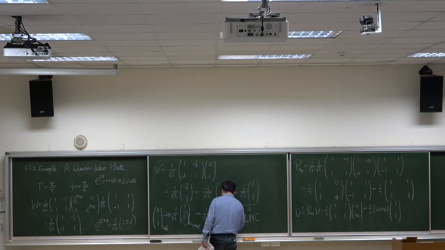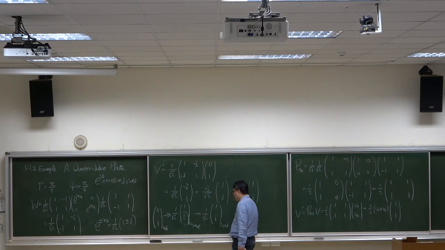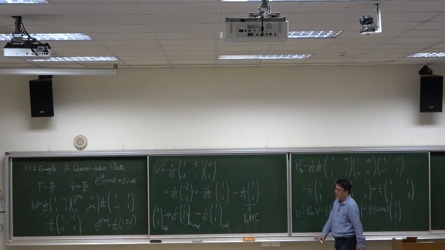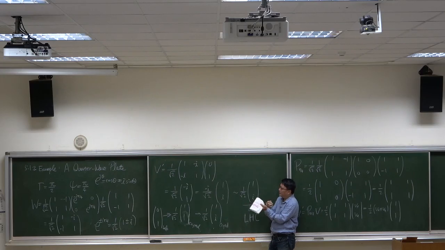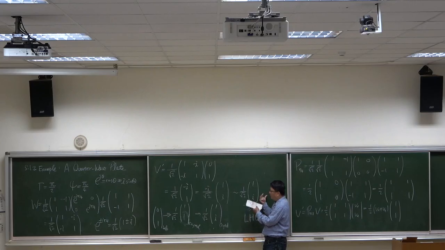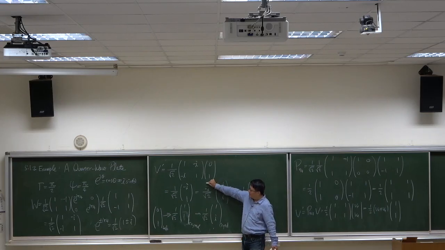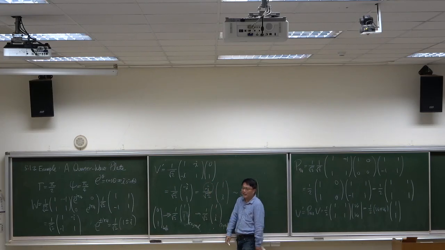Okay. And we have this in the crystal frame, which is left hand circularly polarized light. What is the difference between the expression of left hand circularly polarized light in crystal frame and in lab frame? The difference is just this phase factor, exponential minus ik.